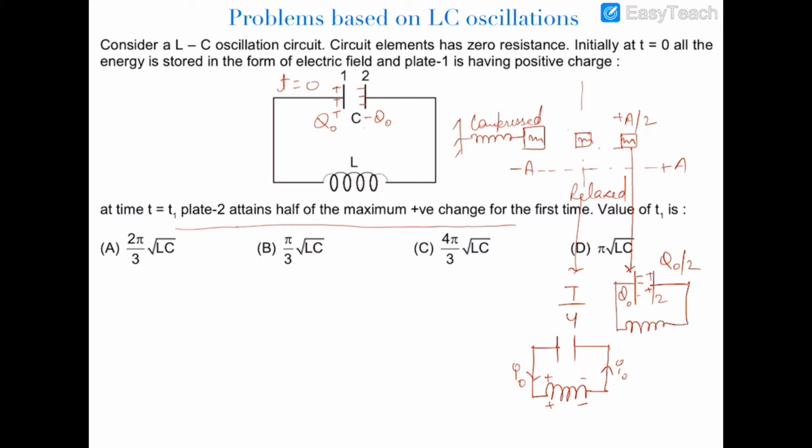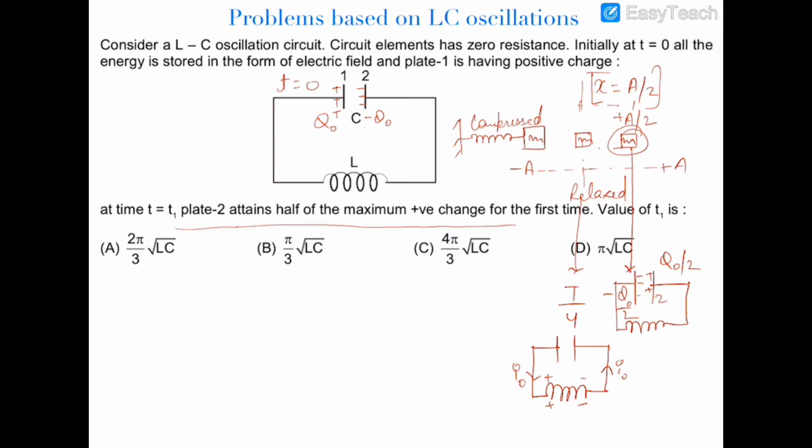We compare the charge with x, the displacement of the block, and when x is A by 2 in the opposite direction of the initial one, the charge on plate 2 will be plus Q0 by 2. So we have to find the instant of time at which this will occur.